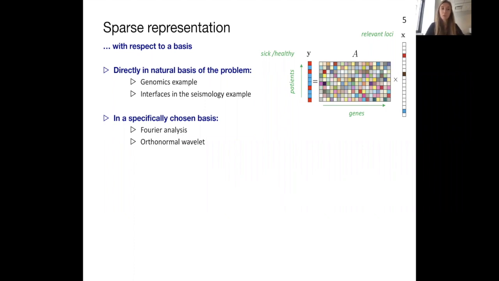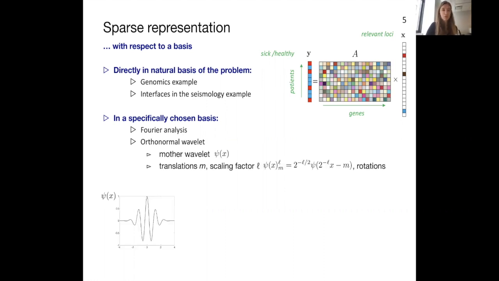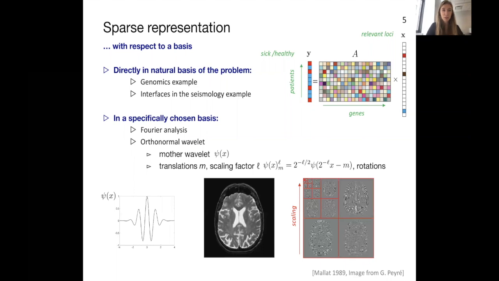And if you haven't heard about orthonormal wavelets, the way they work is that you have a mother wavelet, so a mother function, such as this one. And then you consider the family of functions that is generated by translating and scaling the function. And that will give you this psi of L, M, with L the scaling factor and M the translational factor.